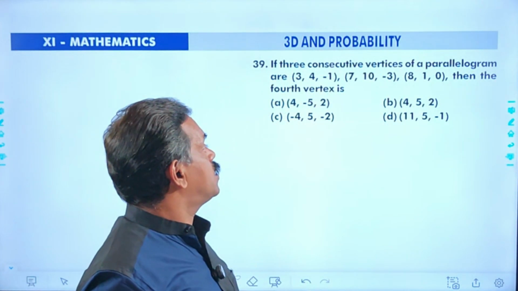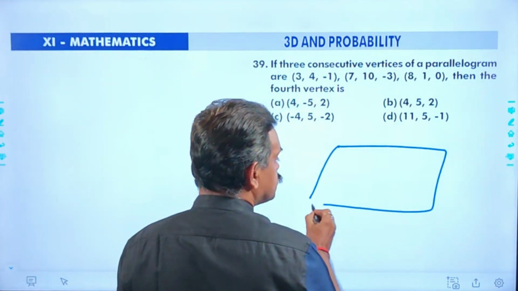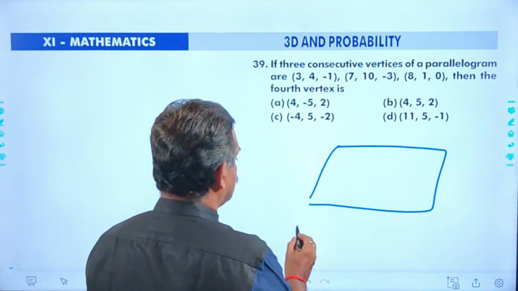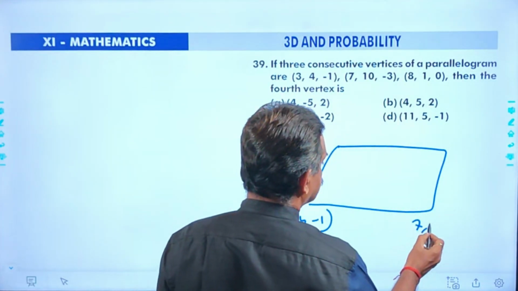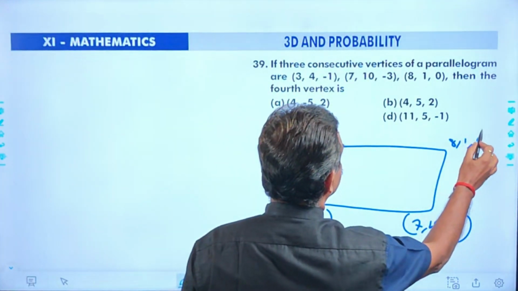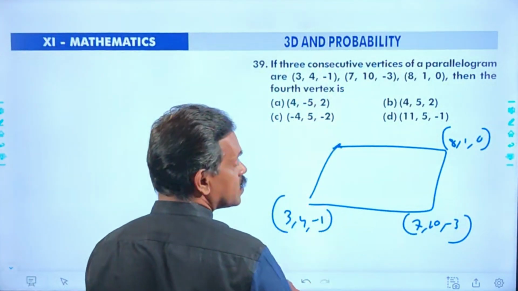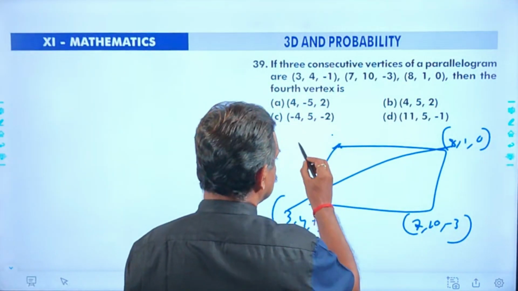Now, there is a parallelogram. I will teach another shortcut. There are 3 vertices: 3, 4, minus 1; 7, 10, minus 3; 8, 1, 0. How do you find the 4th vertex? Just a simple one. Add these 2 and subtract this. That's a shortcut.